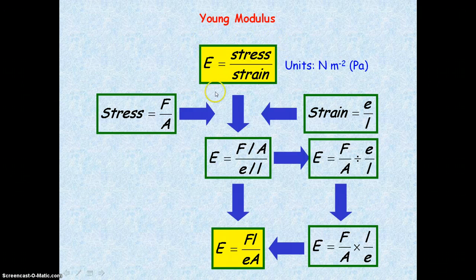This equation you don't need to remember because it's given on the formula sheet, but it is the definition of Young's modulus. This equation is not given, so you'd be good if you can remember it, and a good way of remembering is to think of FLEA, F-L-E-A, and that equals Young's modulus.